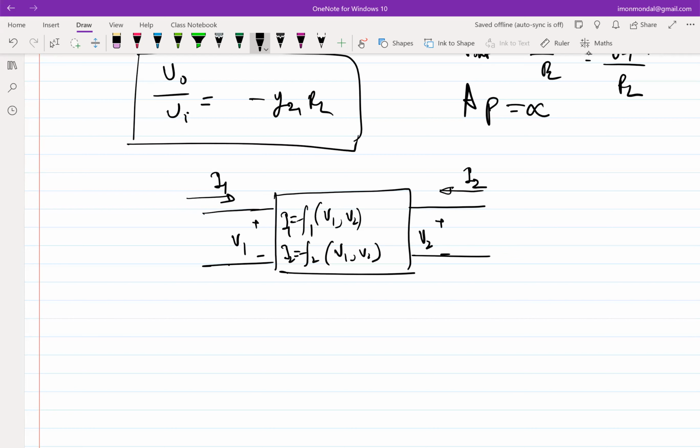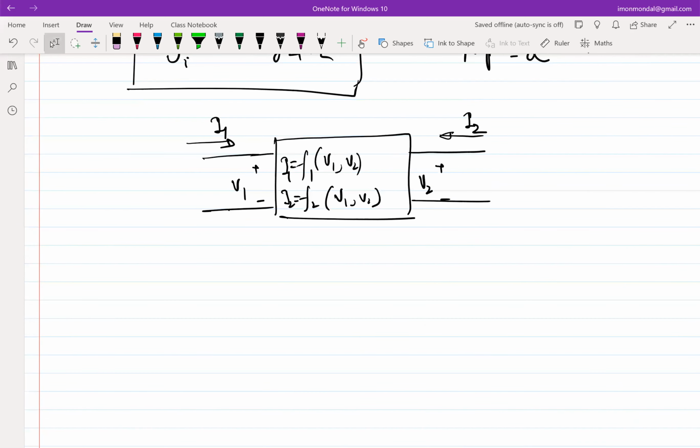Again, there is a battery, maybe the battery is sitting inside. Now you have essentially 4 variables, right? I1, I2, V1, V2. 2 of them are dependent, 2 of them are independent. In this case, the way we have been dealing, input voltages are independent and currents are dependent.